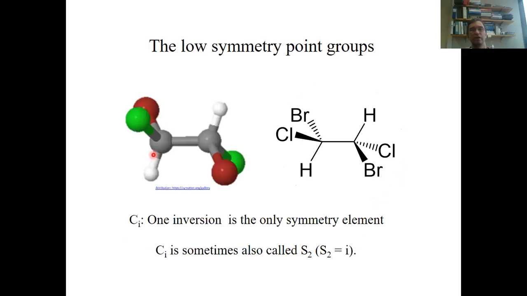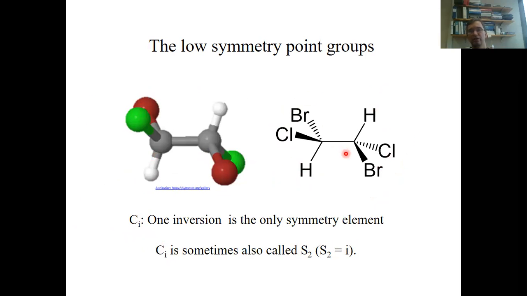So thirdly, there's this point group Ci. As the name says, in this case, we only have an inversion center in addition to the identity. Ci is sometimes also called S2 because an S2 symmetry operation is the same as an inversion. So an example is this molecule shown here.